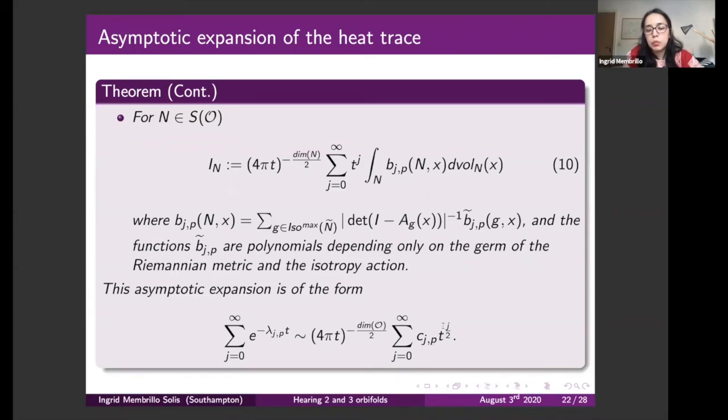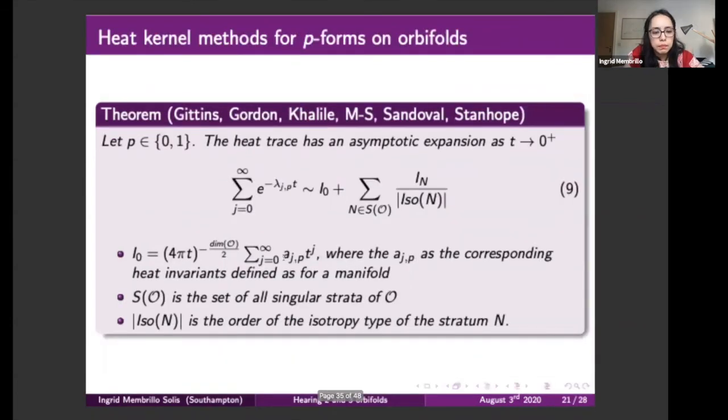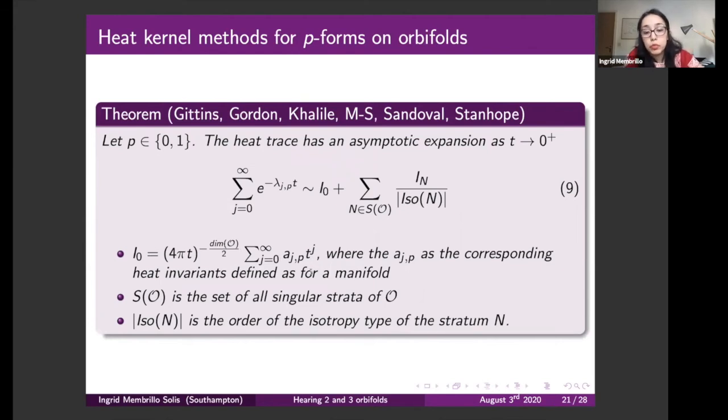And here, what is interesting is that we see that there are half powers appearing, which didn't happen, for instance, in the case of manifolds, depending on what the dimension of the manifold is.